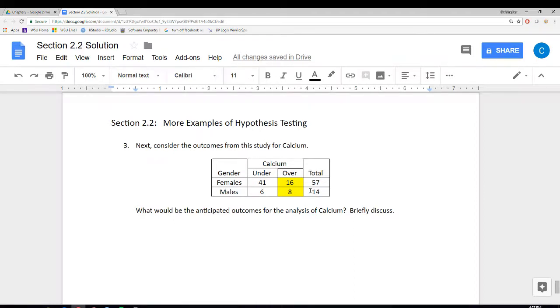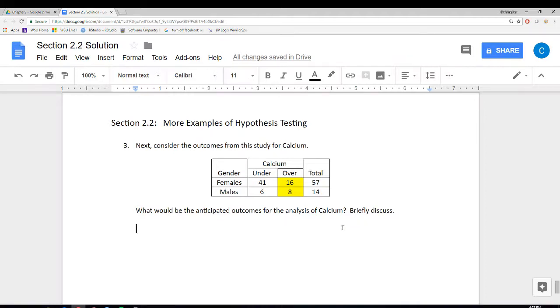But for calcium intake, if we look at males first, 8 males were over their calcium intake, and 6 males were under their calcium intake. Well, that's pretty split on a 50-50 scenario. Just like what we did for the vitamin A analysis, if they're on target, I would expect about half of them to be over and about half of them to be under.